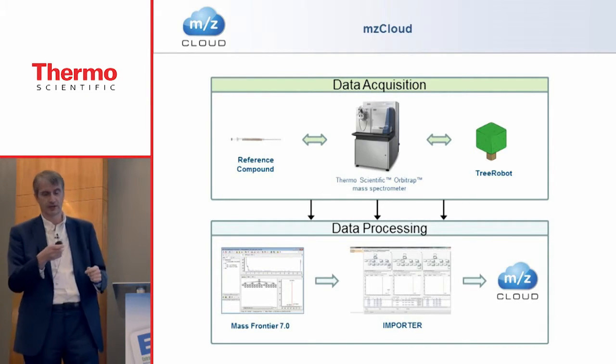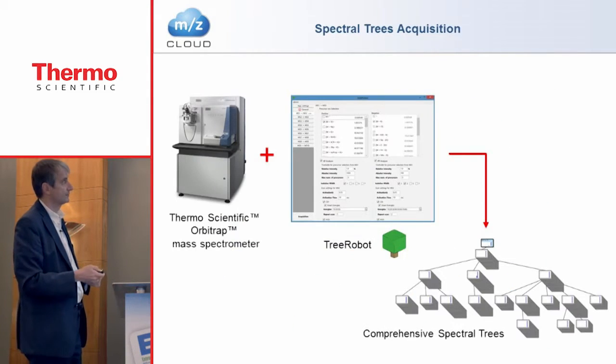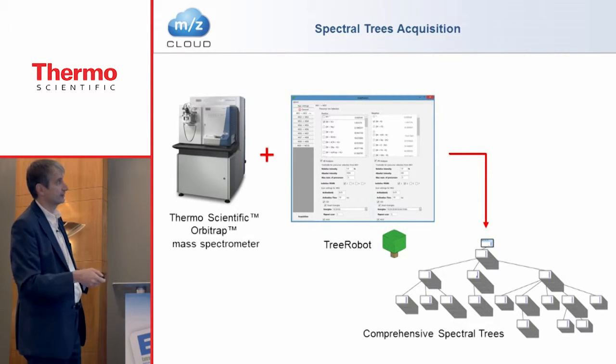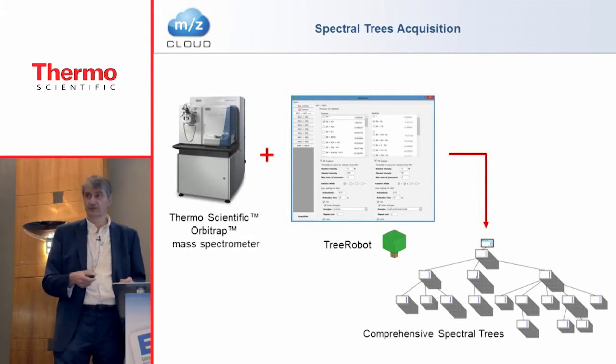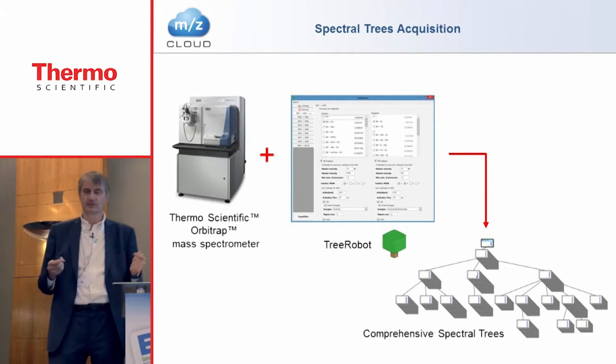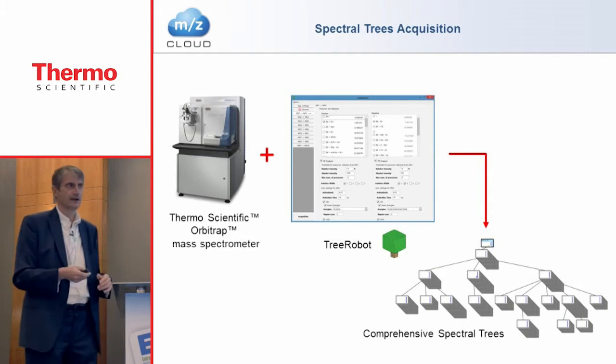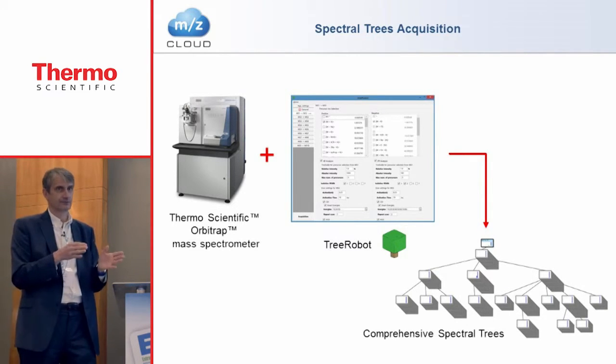Why? I will show you later. And then we process the data and they go to mzCloud. Once again, this is the software we used for generation of the spectral trees. Sometimes it takes 20 minutes. We have spectral trees that took 7 hours to acquire for one compound. But these will later pay off.